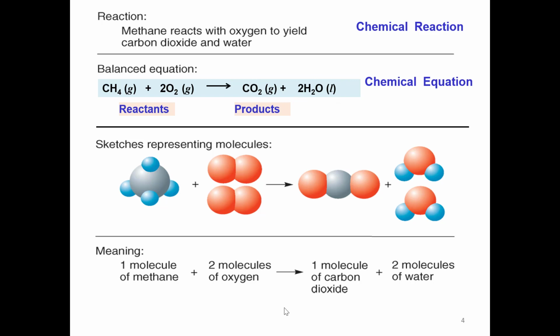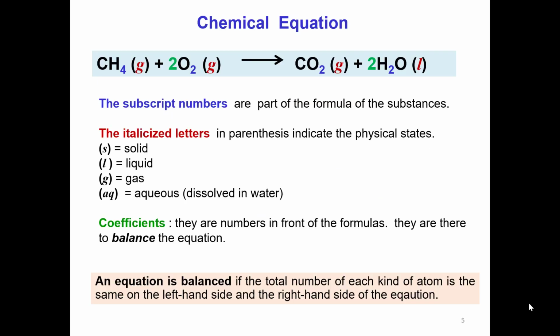We can also use a sketch to represent the molecules. In this case, we had one molecule of methane plus two molecules of oxygen, and the reaction results in one molecule of carbon dioxide plus two molecules of water. We will learn how to write and balance the equations of chemical reactions.